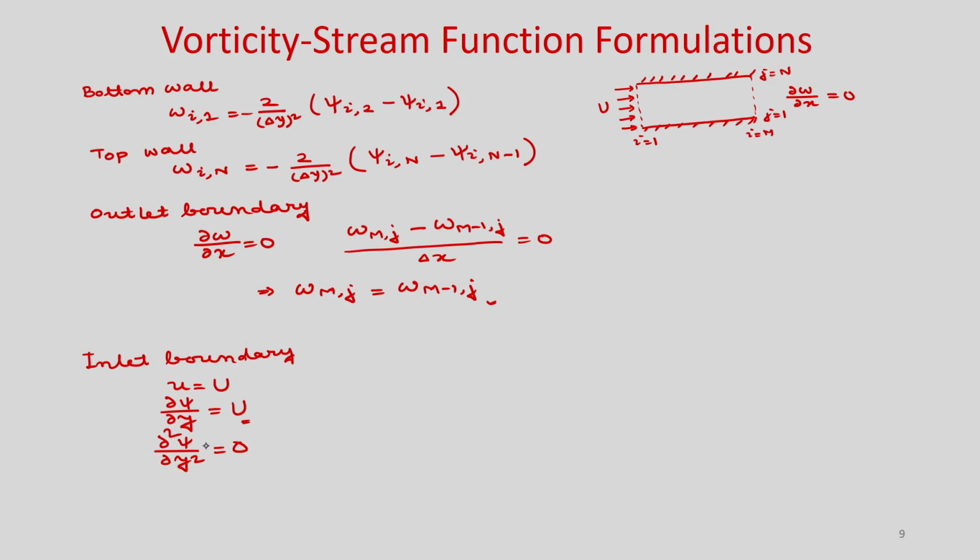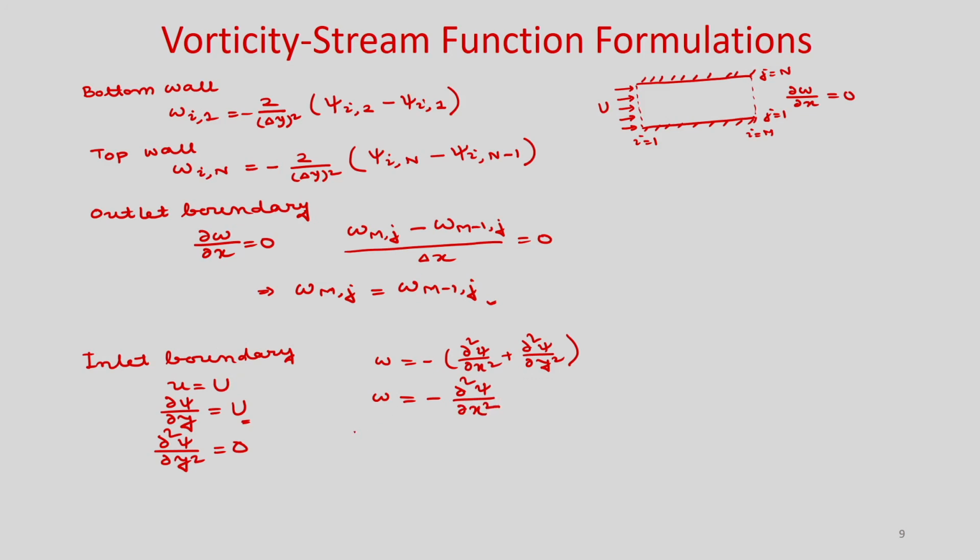As you have a constant velocity inlet, del 2 psi by del y square will be 0. So, from the vorticity equation omega is equal to minus del 2 psi by del x square plus del 2 psi by del y square, you can put del 2 psi by del y square as 0. So, omega is equal to minus del 2 psi by del x square.